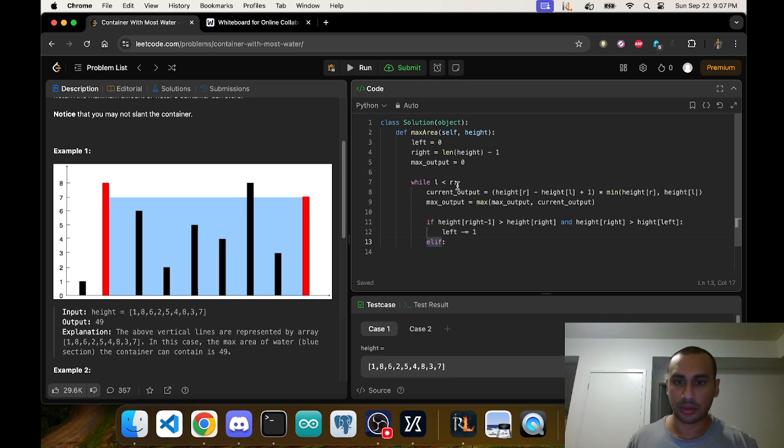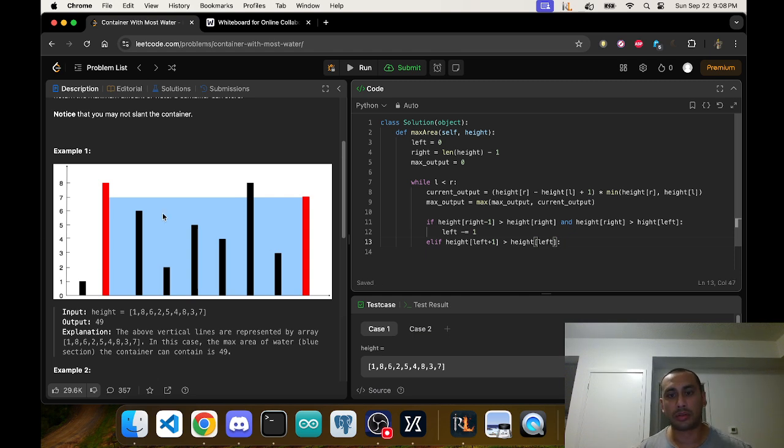So save time. So if item on the left, so item on the right has to be thing. So item on the left, so height left plus 1 is greater than height at left.